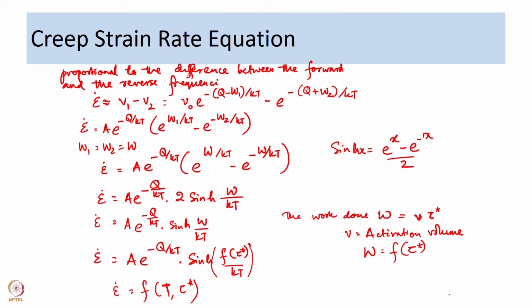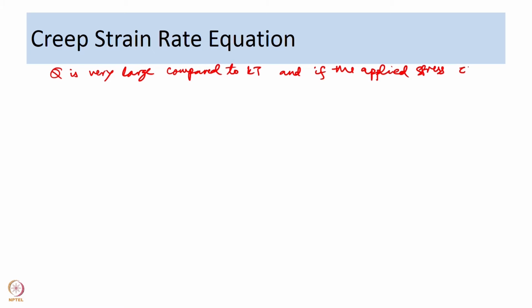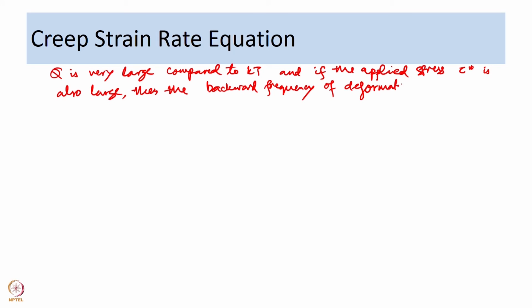Under conditions where q, the activation energy of deformation, is very large compared to kT, and if the applied stress, which we considered as tau star, is also large, then the backward frequency of the deformation mechanism, nu 2, will be small.